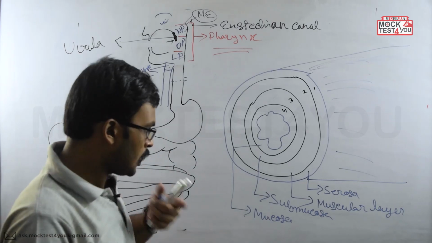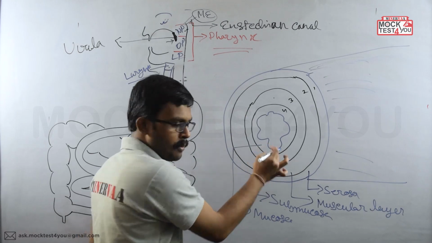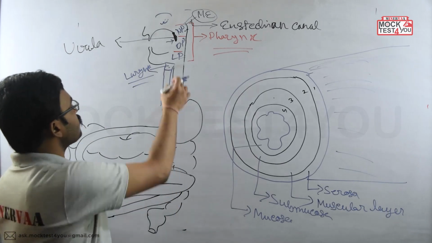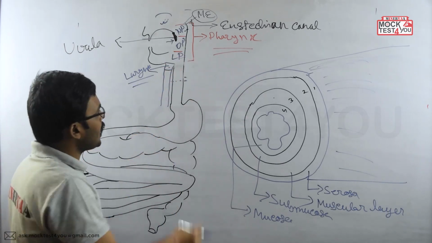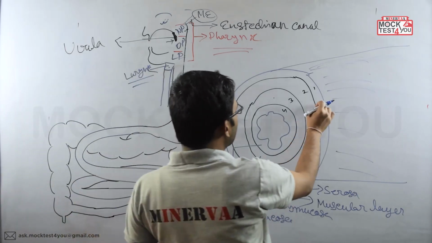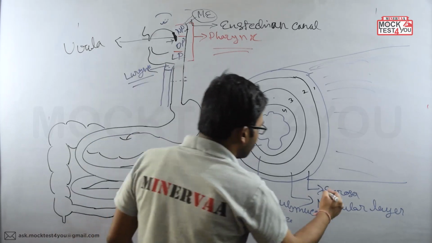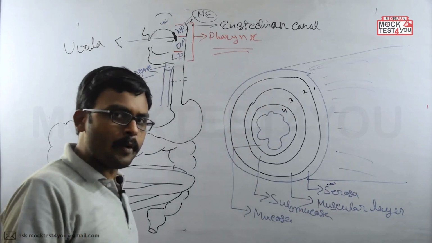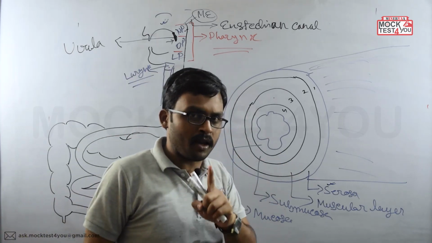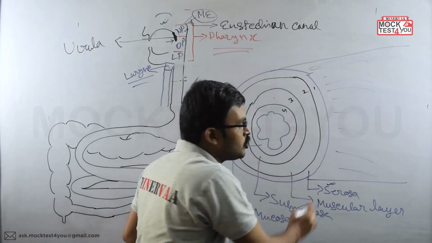So these are the 4 different layers. But remember, in case of the esophagus, the outermost layer should not be called the serosa, because serosa is called so only when the visceral peritoneal membrane is connected with this outermost layer.